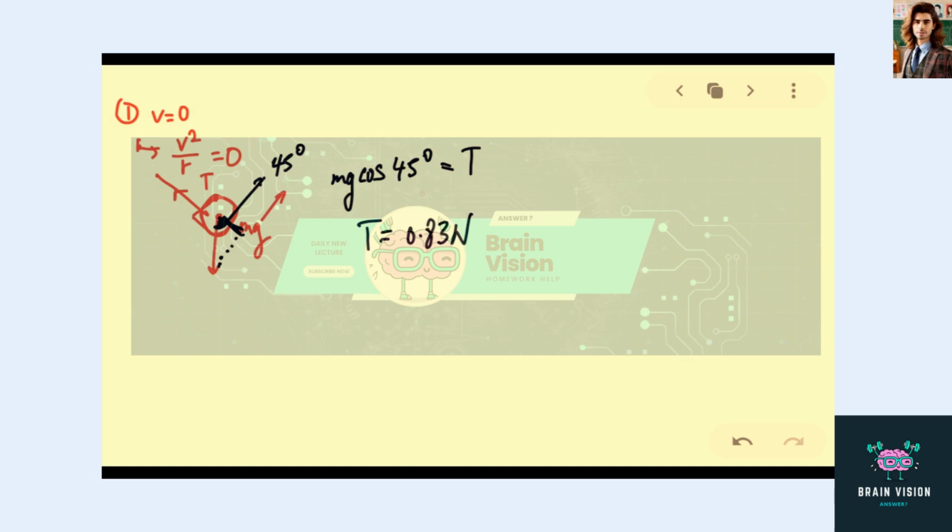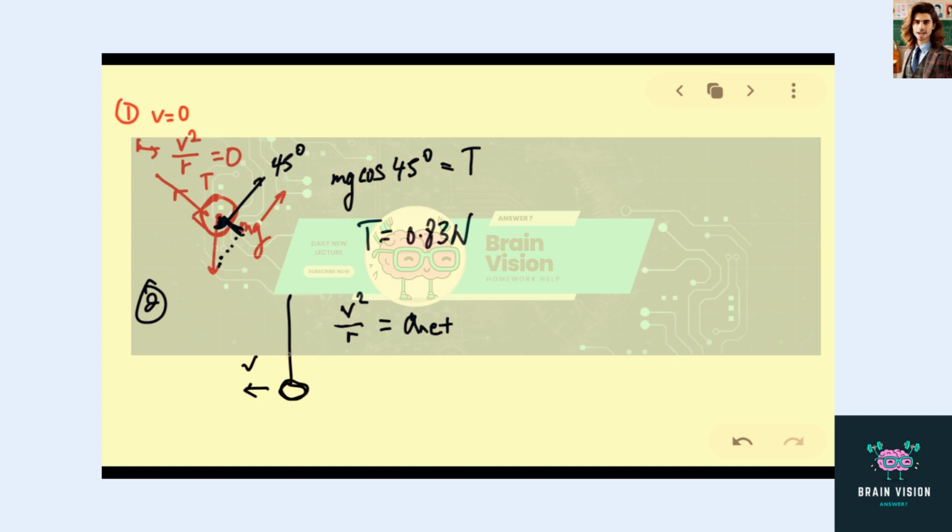On the other hand, if you were to consider the second case, when it is at the bottom, now it is moving with some velocity, and therefore there needs to be some acceleration, right? Because it's moving in a circle, so the net acceleration must be equal to the circular motion, which is v squared over r, the centripetal acceleration.